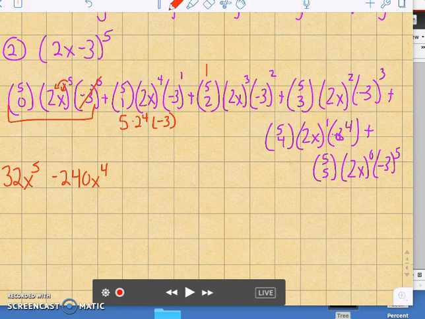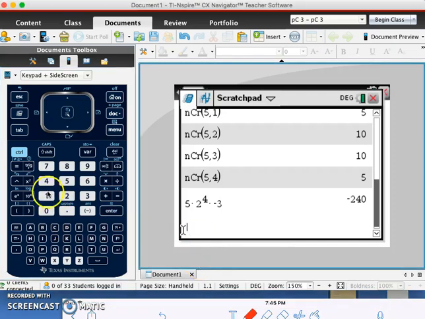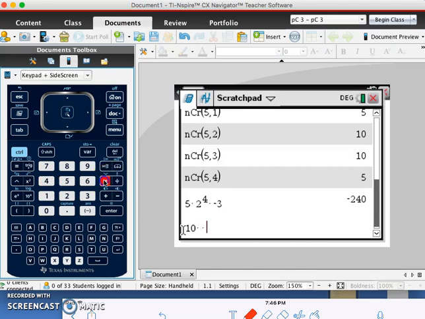5c2, we said this was 10. Well, this would be 8x cubed times positive 9. So we'd have plus 720x cubed. The next one was another 10. So we have 10, 4, but negative 3 cubed is negative 27. So 10 times 4 times negative 27.